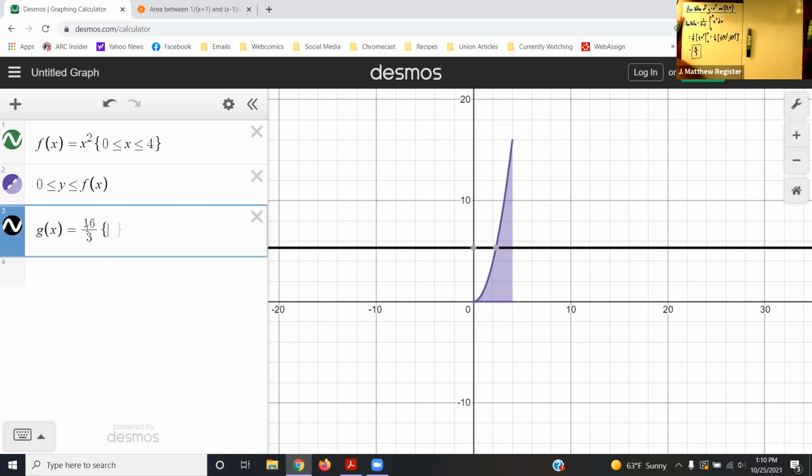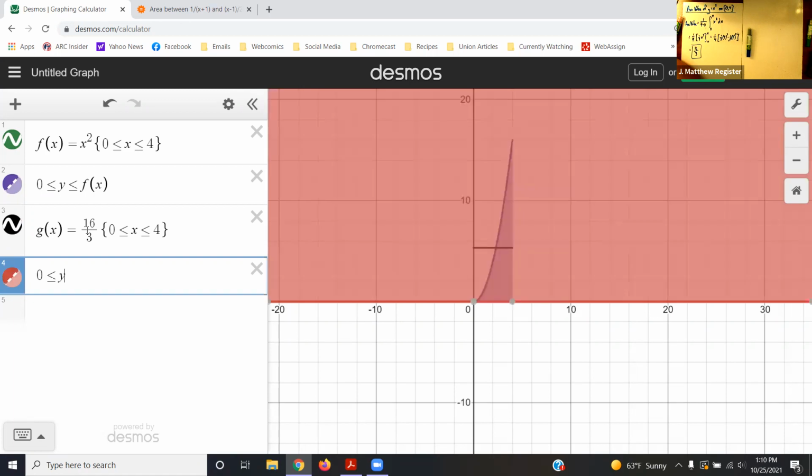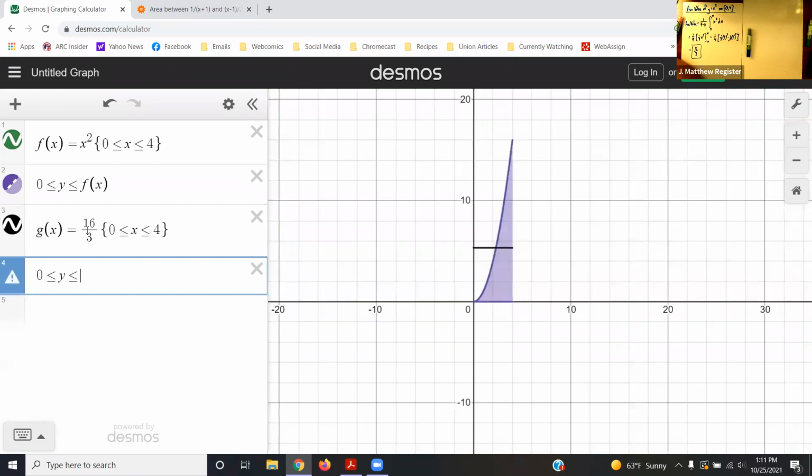And we will also restrict that on the interval from 0 to 4. In theory, the area underneath g of x is going to be the same as the area in purple. And so let's see if I can write that 0 less than or equal to y less than or equal to g of x.